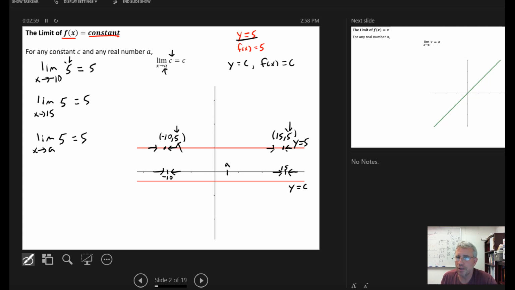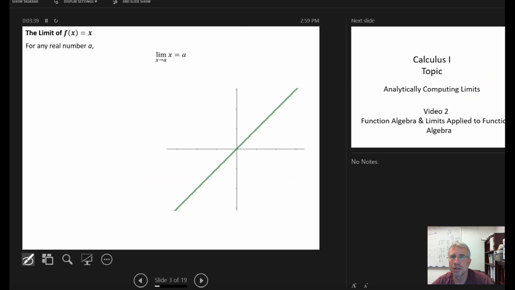Suppose a is right here, and then you take the limit as x goes to a, which means squeeze in on a from the left-hand side, take that left-sided limit, take the right-sided limit, and as we do that, we're moving on the graph towards a specific ordered pair, and we know what that ordered pair is. It's input a, but the output is just going to be the constant. So big result number one that's going to wind up being a tool that we use in this homework assignment is that the limit as x goes to any input, if the function is a constant, is just going to equal the constant. So that's the first of two simple limits.